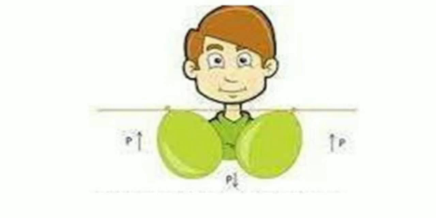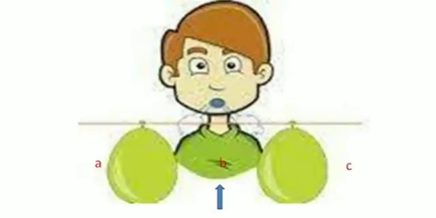Now the question is, what causes these two balloons to attract each other? That's because when we blow hard, the region between these two balloons, as you can see by the arrow, has more wind speed.